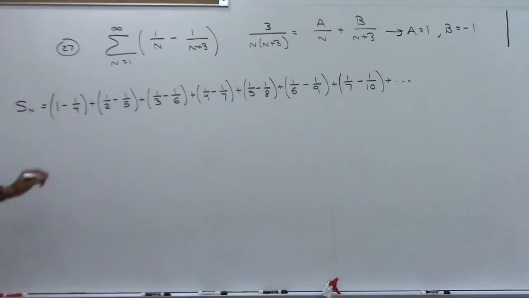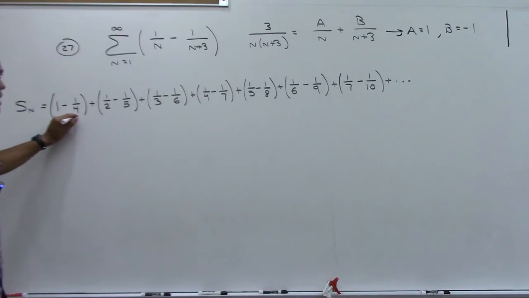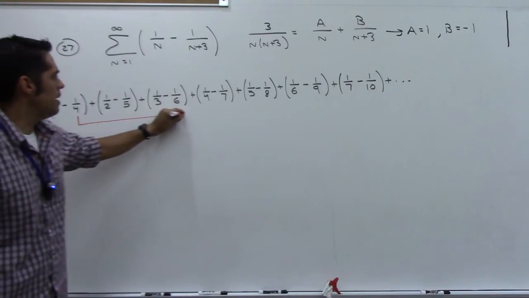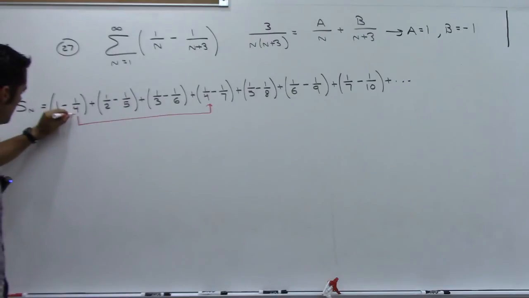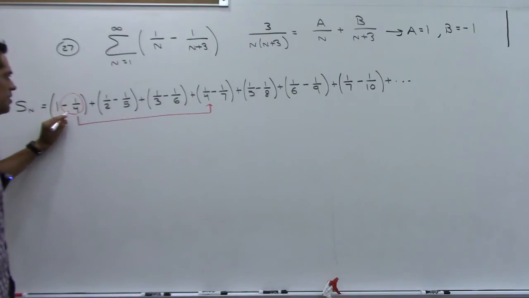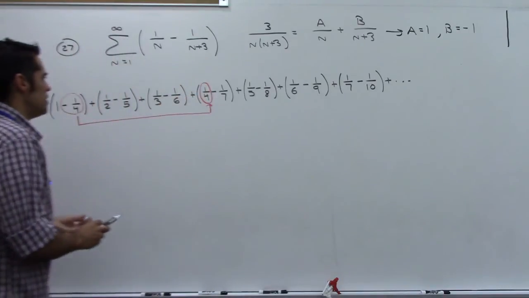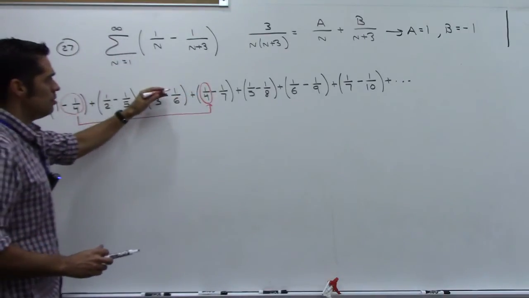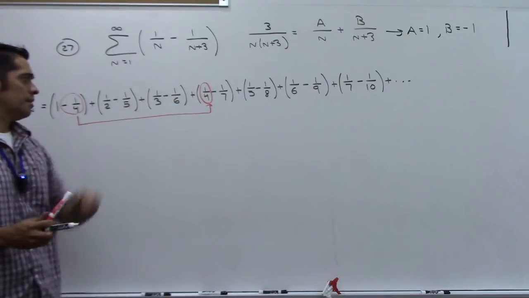See, the cancellation occurs, this 1 doesn't cancel anything. This negative 1/4 cancels way down here. So the second number in the parentheses cancels with the first number in the parentheses, 1, 2, 3 parentheses down the series.